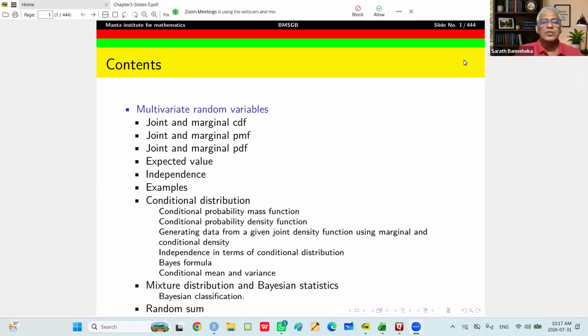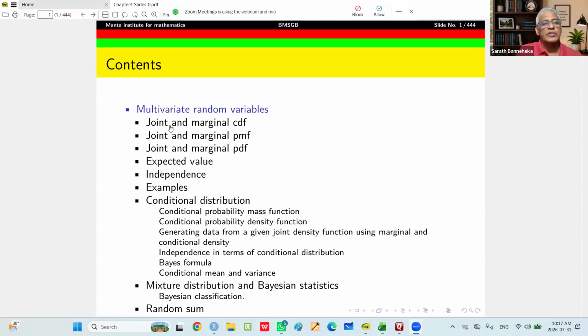In this video, we will continue our discussion on multivariate random variables. This is based on chapter 3 of Demidenko's book. We have already covered a large number of topics under this chapter.